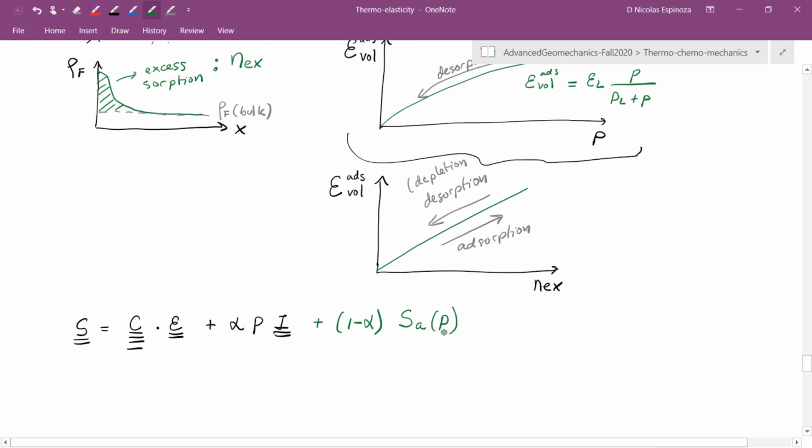In this case, I'm going to assume that the adsorption stress is the same in all directions. So I'm just going to keep it here as a scalar, and this is going to be times the identity matrix. All right, this adsorption stress is what now is also going to contribute to changes of stresses.